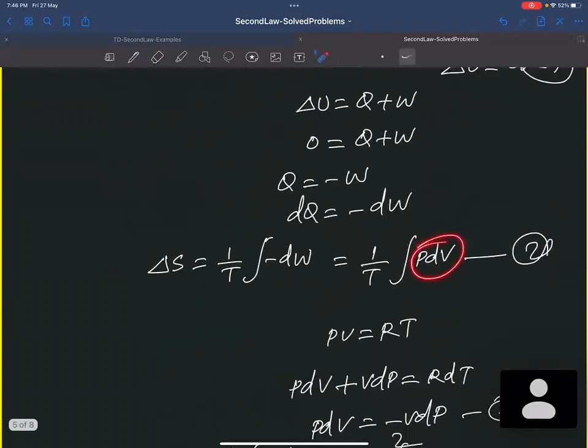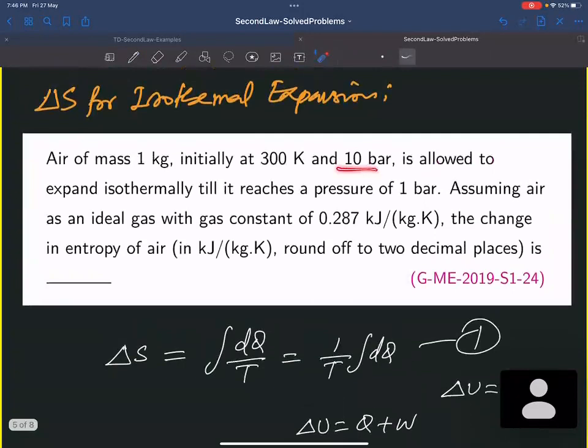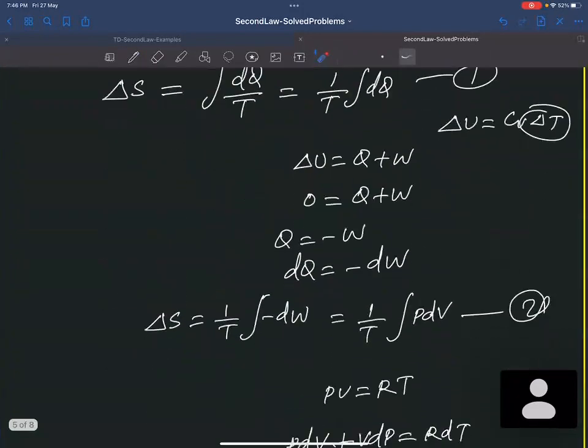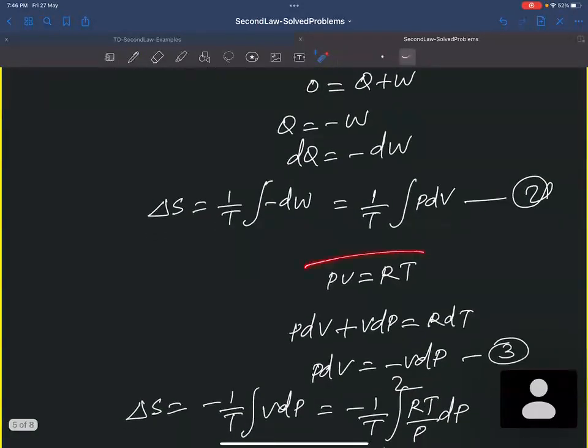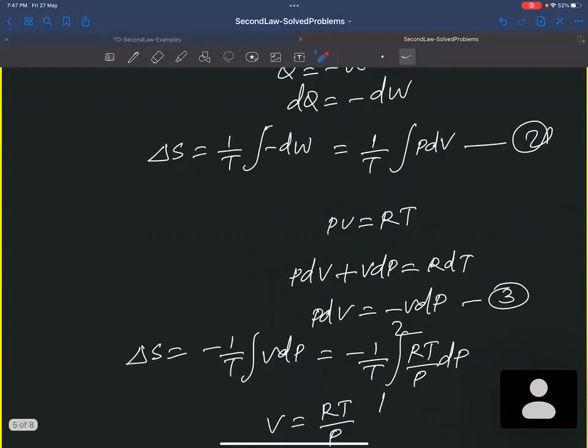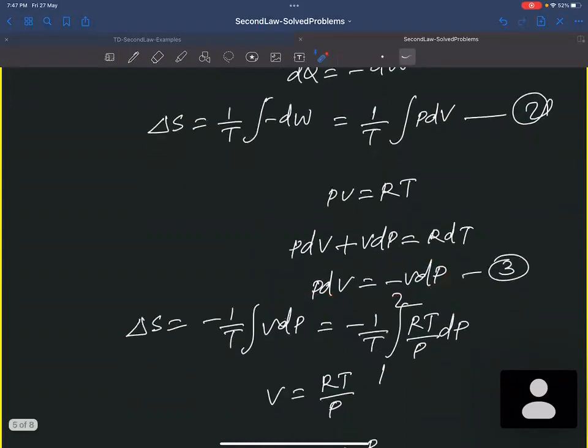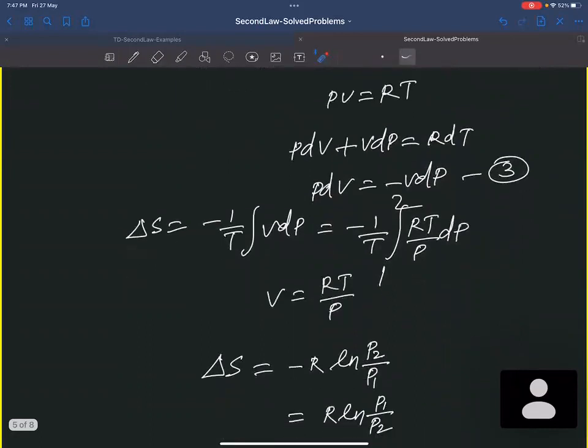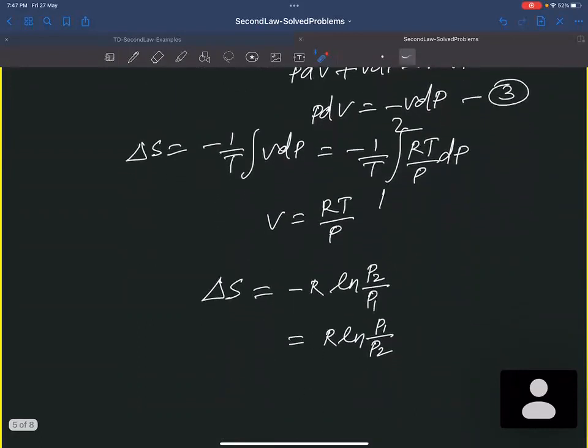Since it is in terms of change in volume, whereas we are given only the change in pressure, it is better to write this dv in terms of dp, making use of the ideal gas equation. For the process, pv equals RT is applicable, but here T is constant, so d(pv) you can write as pdv plus vdp. From which we have this relation, and at last delta S equals simply R ln P1 by P2.